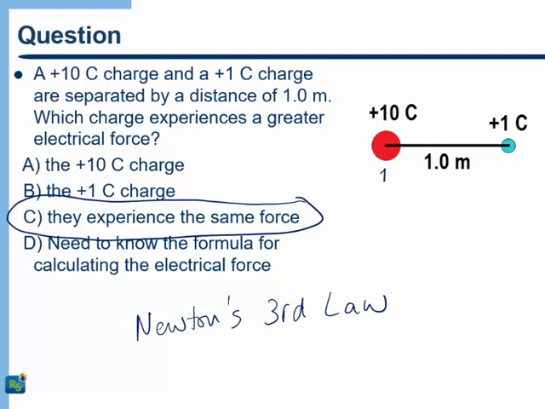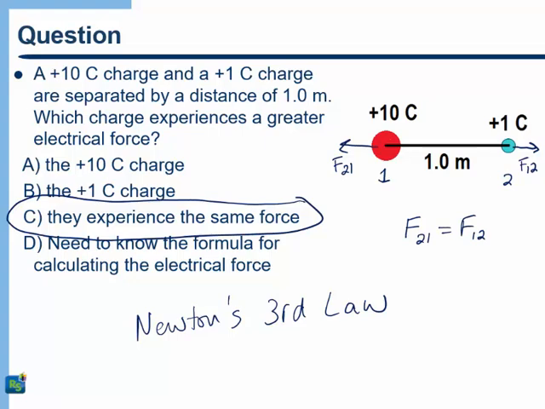So if I call this charge object 1 and this charge object 2, let's see, they're both positive, so I know they're going to repel each other. The force that charge 1 exerts on charge 2, which remember we would write as F12, and the force that charge 2 exerts on 1, they must be equal in magnitude and opposite in direction. So I could write that F21 is equal to F12.